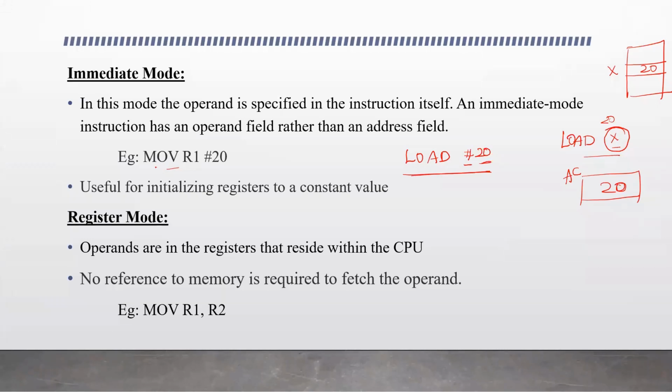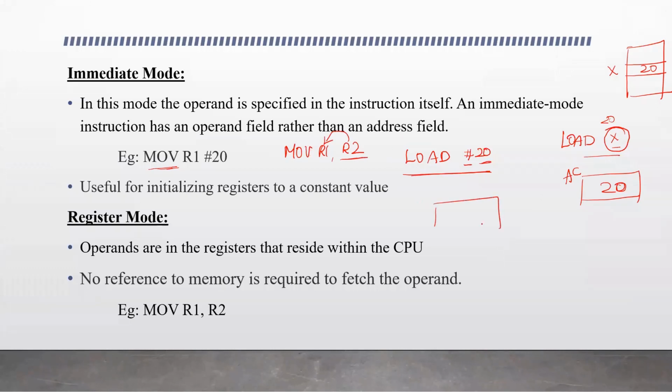And another example, the MOV instruction, to move R1 hash 20. Generally, if we write the instruction move R1 comma R2, it moves the content of R2 to R1. The location of register R2 has to be located and the operand needs to be moved.